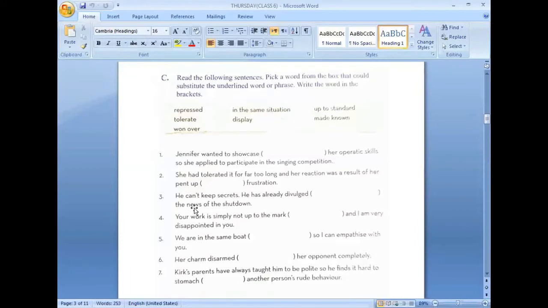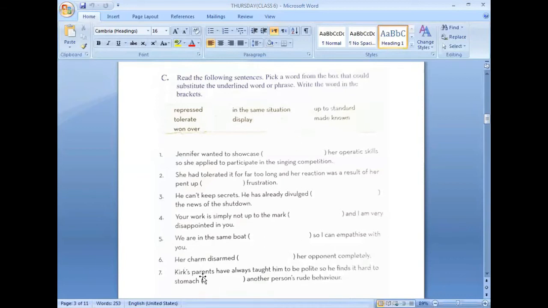That's the sentence meaning. So we are in the same situation. The phrase in the same boat will be substituted by the phrase in the same situation. So we are in the same situation, so I can empathize with you. So the answer to sentence five is in the same situation.